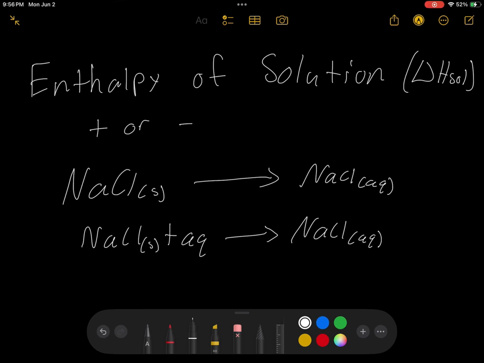Delta H solution is the energy change when 1 mole of an ionic solid dissolves in water. You can just say that. So, literally, imagine taking table salt from your kitchen and putting it in water and letting that dissolve. That is enthalpy change of solution. It's that simple, right?